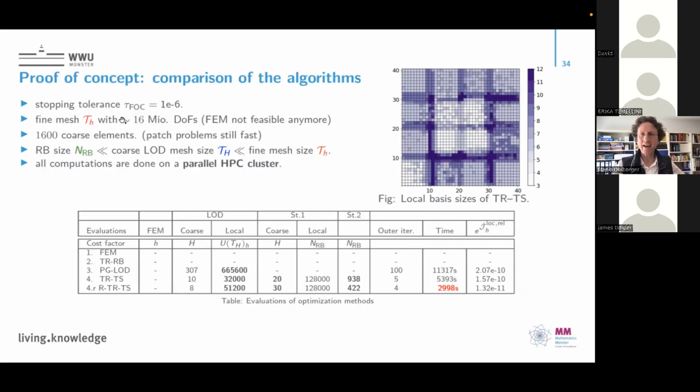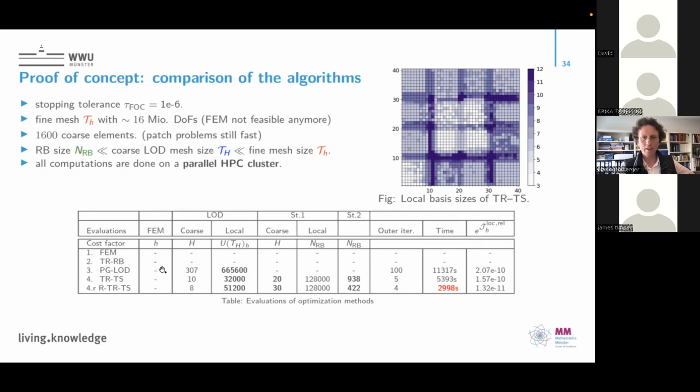So the underlying fine scale mesh here has about 16 million degrees of freedom, which is not feasible anymore for direct finite element solvers, at least if you do not use really highly efficient methods on parallel machines. And the number of coarse mesh elements in this case is about 1,600.